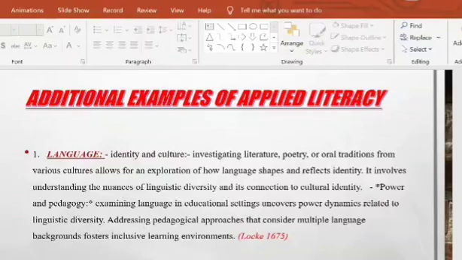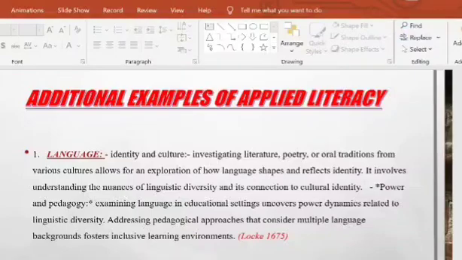Additional examples of applied literacy. Number one, language, identity, and culture. Investigating literature, poetry, or oral traditions from various cultures allows for an exploration of how language shapes and reflects identity. It involves understanding the nuances of linguistic diversity and its connection to cultural identity, power, and pedagogy.